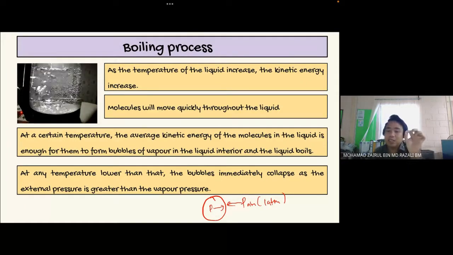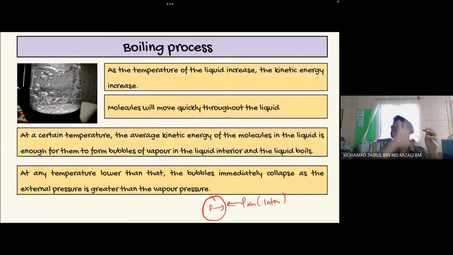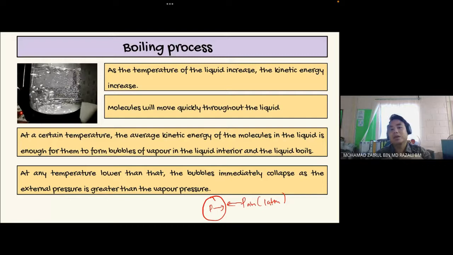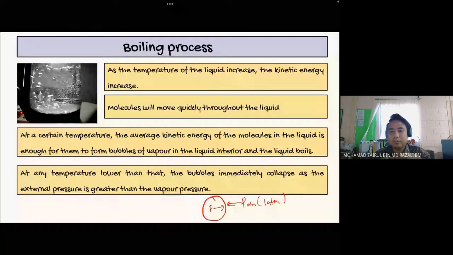Sebab pressure dalam tu sama dengan atmospheric je. Kalau pressure dalam bubble lagi rendah daripada atmospheric pressure, bubble tu akan pecah. Kalau awak boilkan liquid, bubble tu sentiasa ada sebab pressure bubble sama dengan pressure dekat atmosphere. Okey tak ni? Boleh?